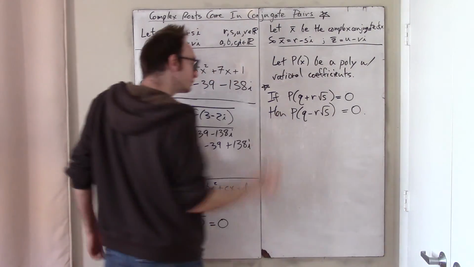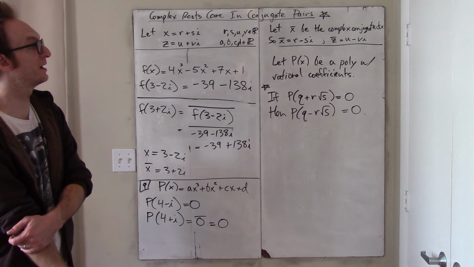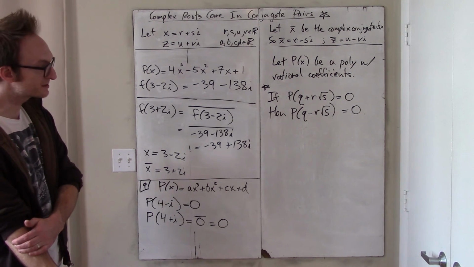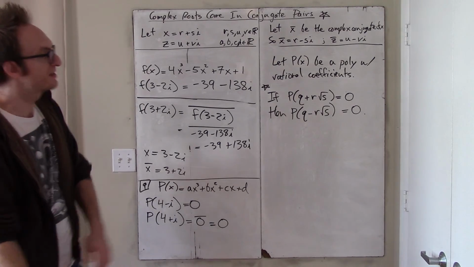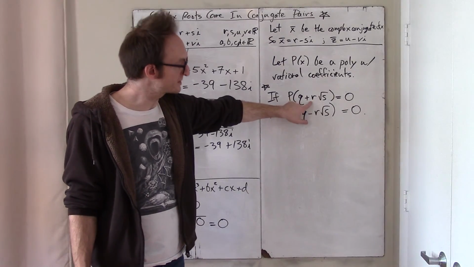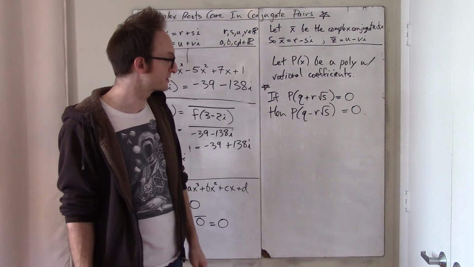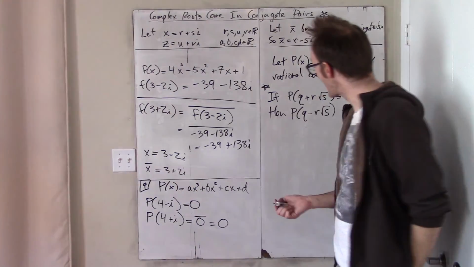This is the conclusion of the theorem on the back of this worksheet: if q, r, and s are all rational numbers, then any time you have a root of this form, the number of the conjugate form is also a root.